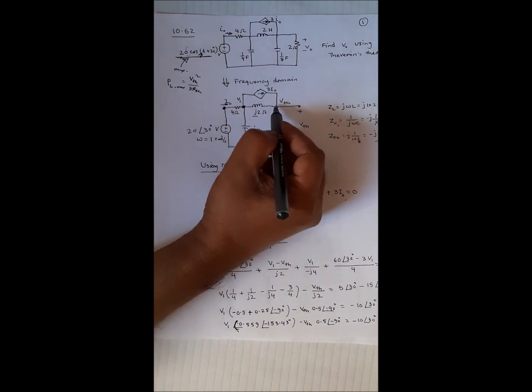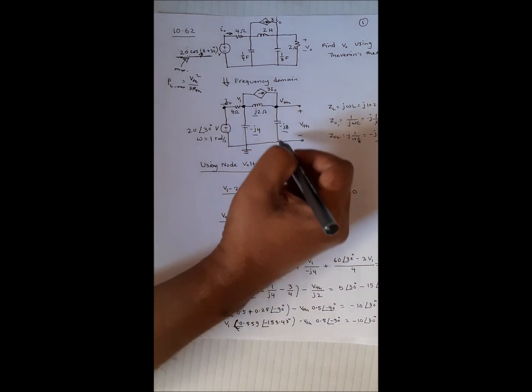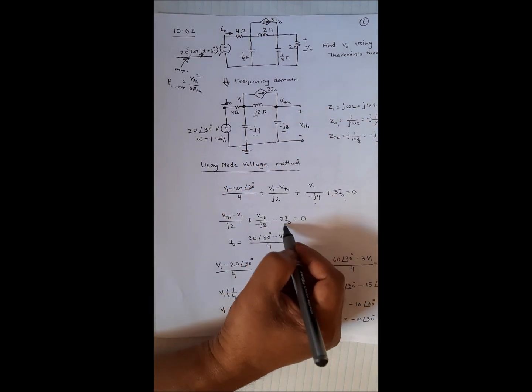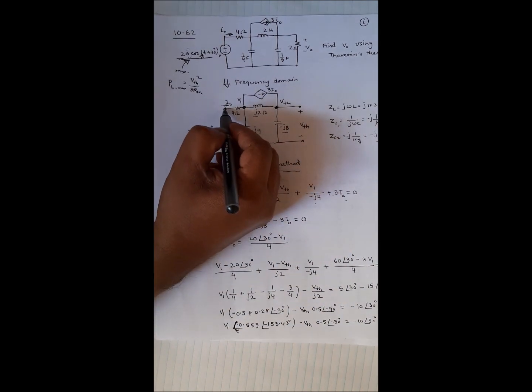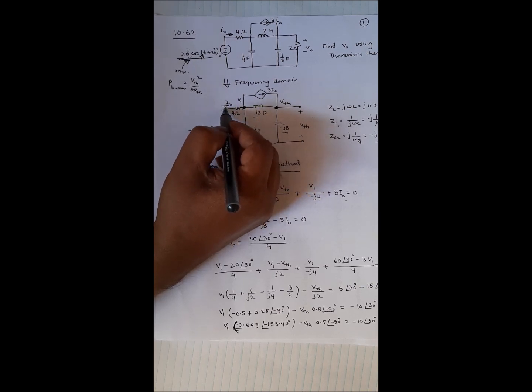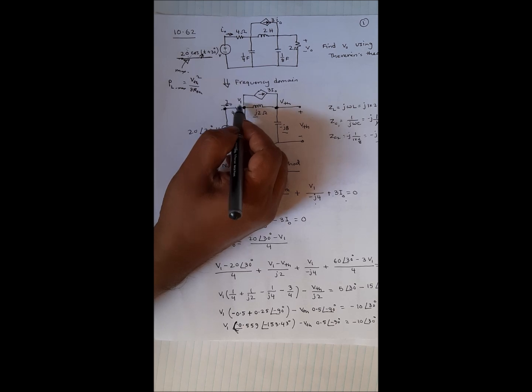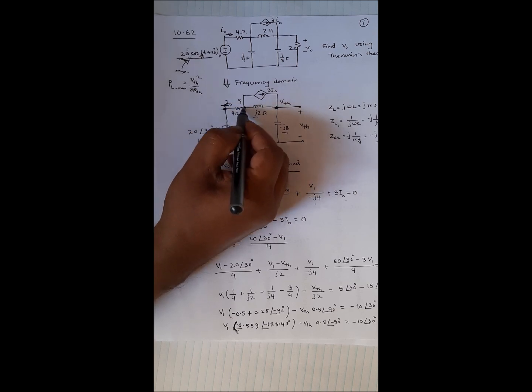Now, from here you'll write B Thevenin minus V1 over J2, B Thevenin over negative J8, negative 3 IO equal to 0, and IO equal to the current here. So this is component current, right? So this component current will be this voltage minus this voltage over this resistance. So you see IO is flowing this direction, so this will be higher potential than this one.